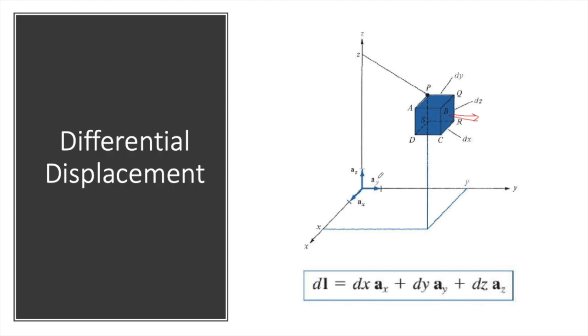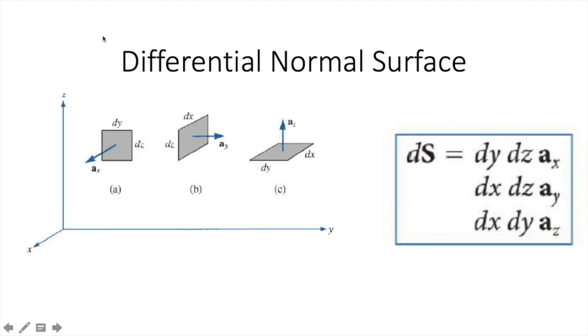So we have three directions of the surface, and ds is equal to dy dz ax. So three surfaces we can talk of. This one, directed in the ax direction, has the magnitude dy dz. Similarly, if the normal is towards ay, away from the volume, this is dx dz. And if we are talking of the upper part of the cube, this will be dx dy, and the normal will be az.